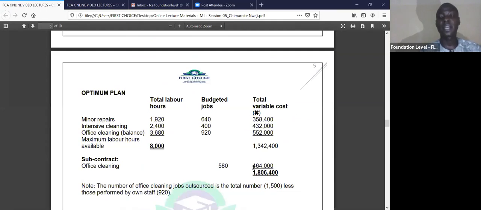When you add that to what we got in-house, you have a total of 1,806,400. Now that's the total variable cost that you are going to incur. And you've seen how you can outsource. It's only one you are outsourcing, which is office cleaning. You are outsourcing 580 jobs.